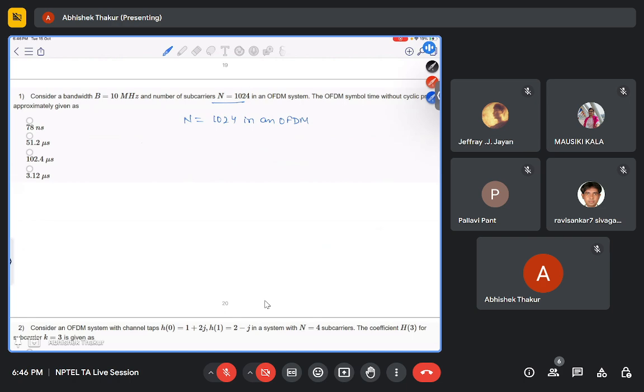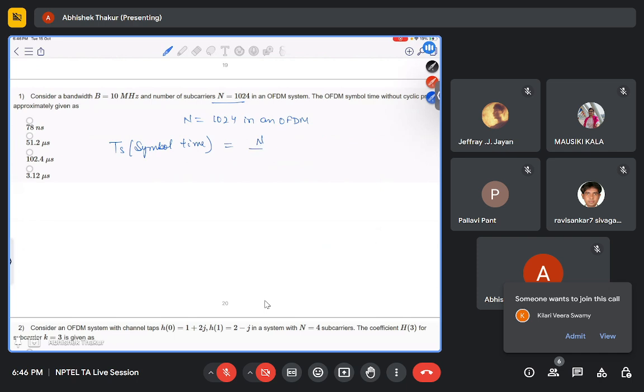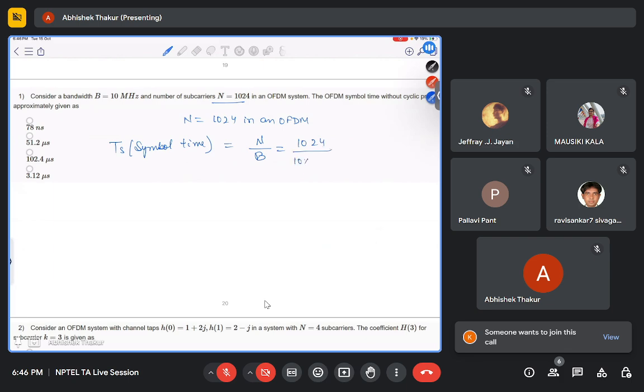The symbol time TS is given as N by B, which is 1024 divided by 10 megahertz, that is 10 into 10 to the power of 6.